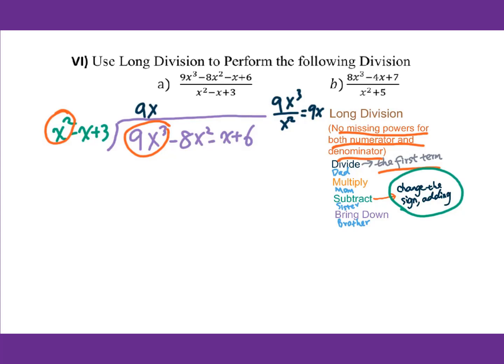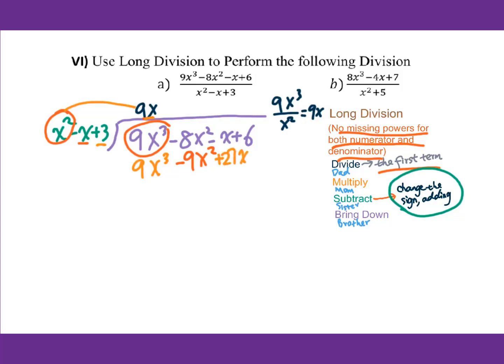Then drop down 9x third power, because when you multiply by these two, you will get that. Then go to multiplication, negative x times 9x, that is negative 9x squared. 3 times 9x, that's positive 27x.